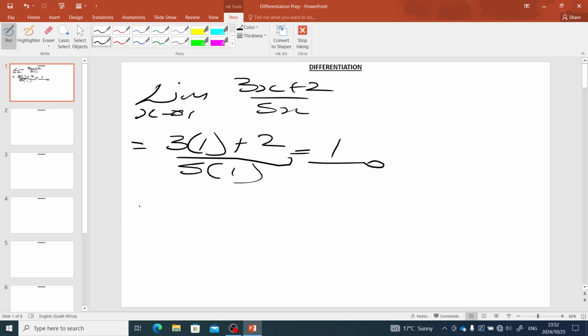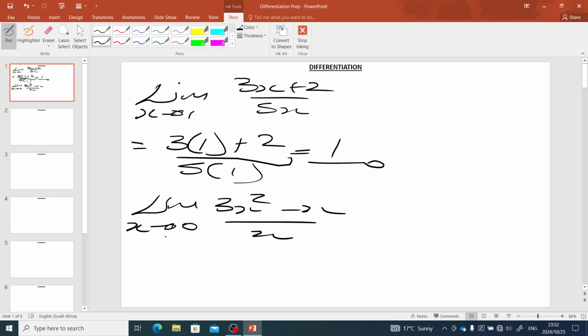Then let us look at number 6 in our books. We are given the limit of 3x squared minus x divided by x, as x approaches 0. If we were to do the direct substitution here, our answer would be undefined.